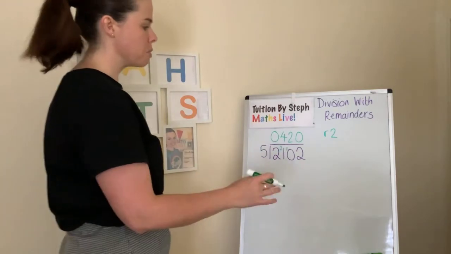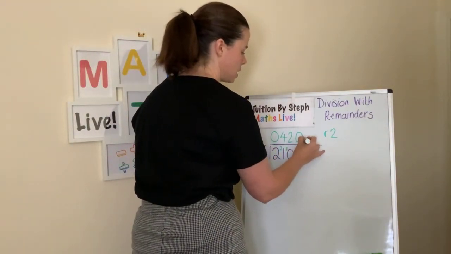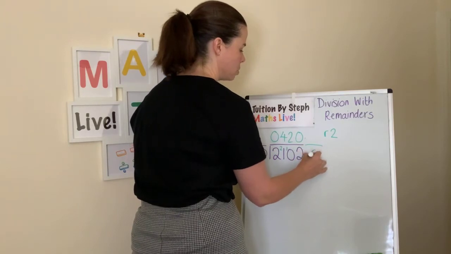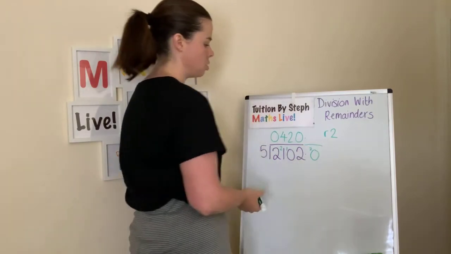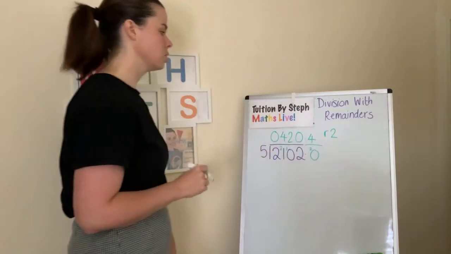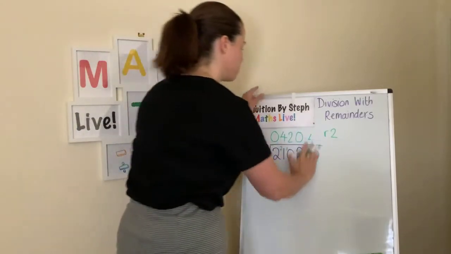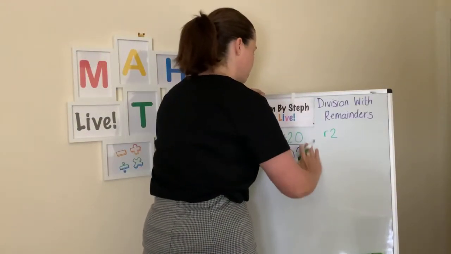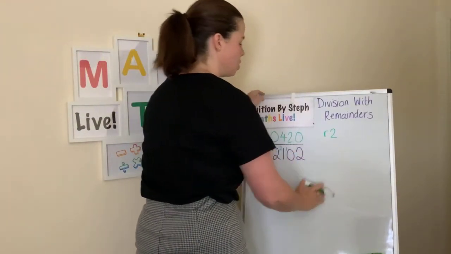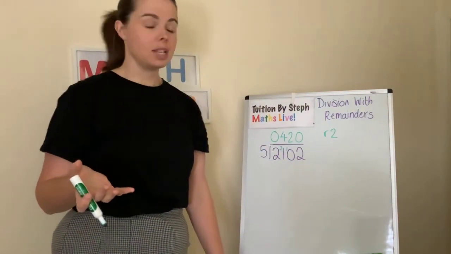So those of you that were doing decimals yesterday, we carried on, didn't we? We put a decimal point, we put a 0, we carried our 2 across, and 5 4s are 20. So our decimal answer was 420.4, but again, don't worry if you weren't here for that. So this is what you do when your remainder needs to be put into a fraction.